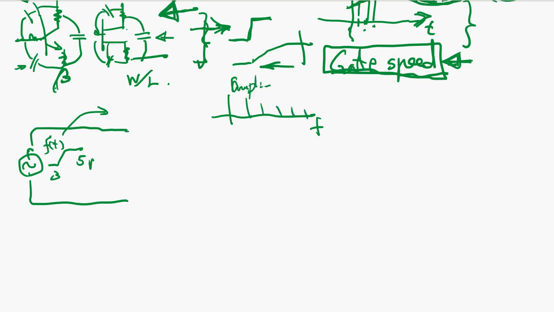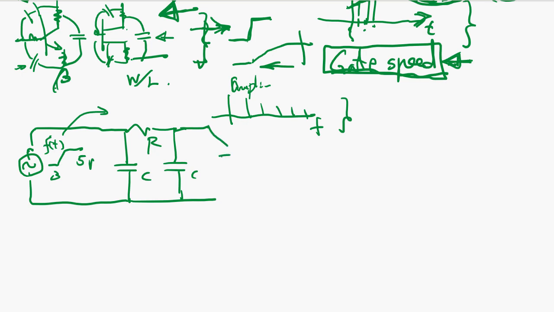And for example, like a filter, you can design even without actually executing Fourier transform, because what you know is E output.